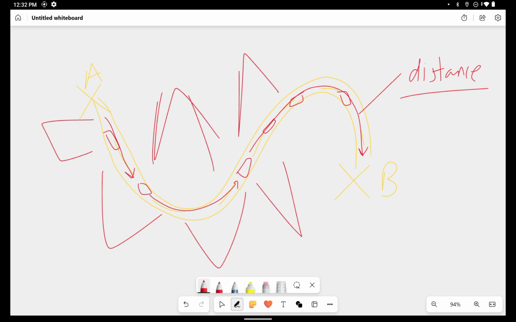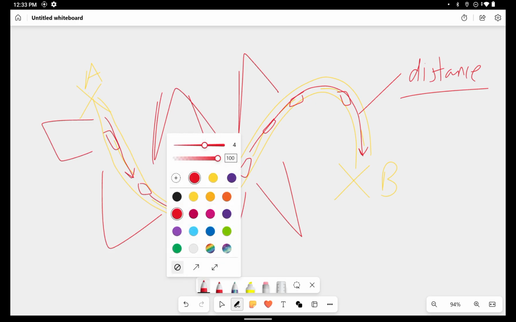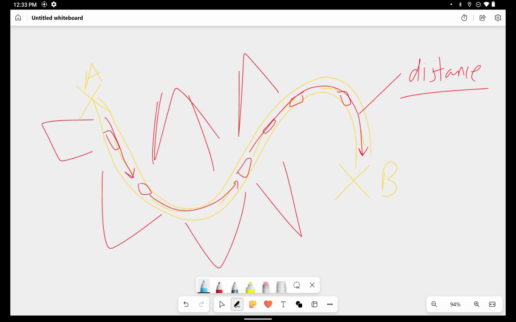Now we first define the displacement as the shortest distance between 2 points. The shortest distance between the 2 points will obviously be a straight line. If we make a straight line between the 2 points, that will be termed as the displacement.